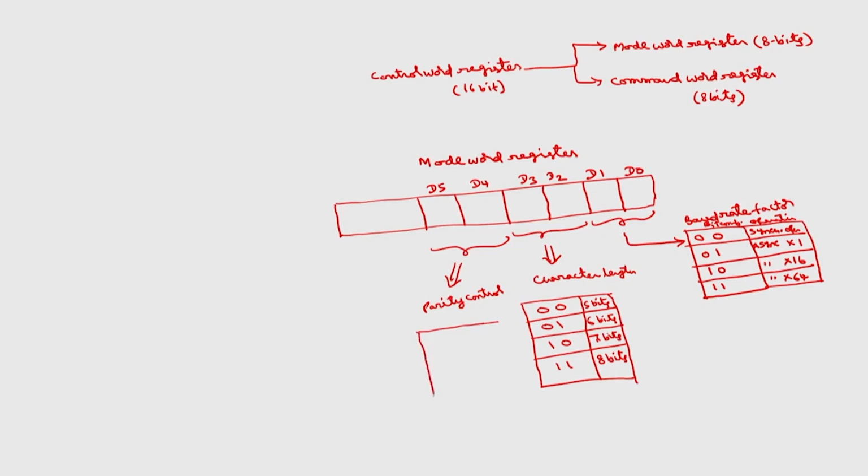So that will be decided by these 2 bits. This is 0 0, no parity. In fact, x 0 is no parity, and 0 1 is odd parity. 1 1 is even parity.